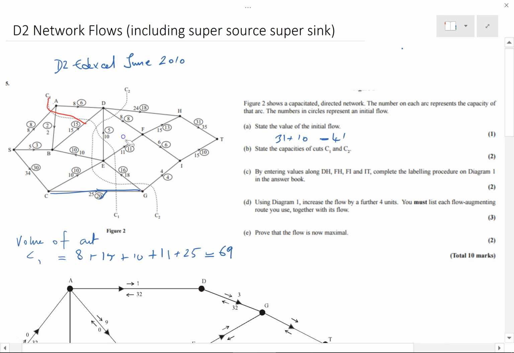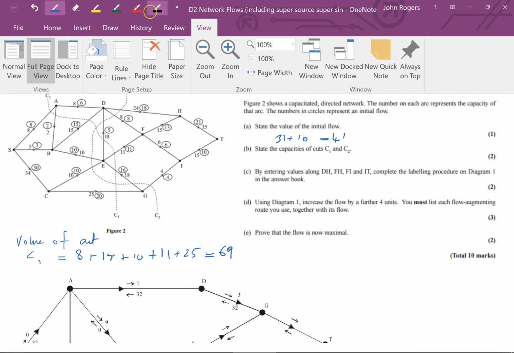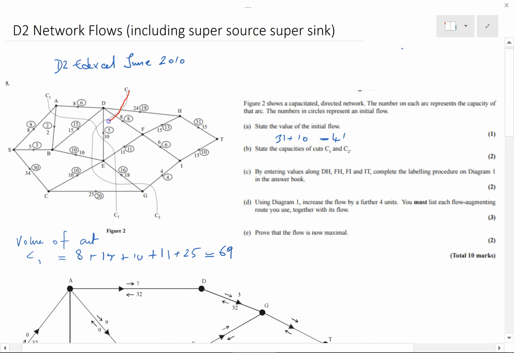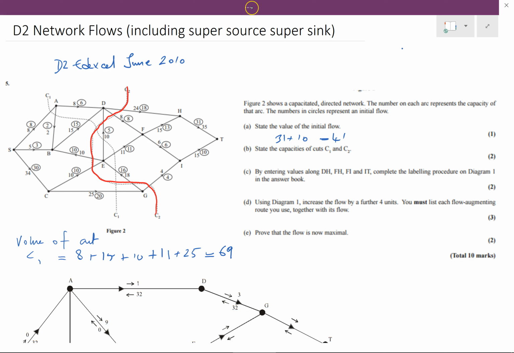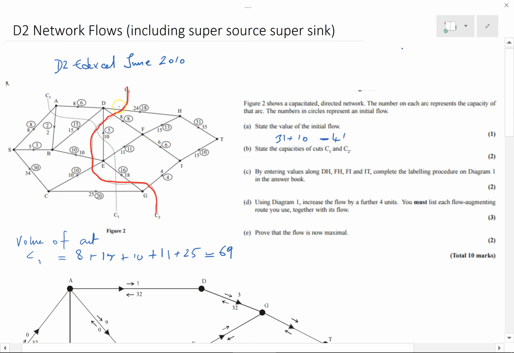Okay, so let's get rid of that annotation and look at the other cut. If you have more than one cut on your diagram, do take care, because it's easy to go wrong and start counting numbers that don't contribute. You can see my cut that I'm dealing with now. Let's mark on the numbers that contribute to the cut. Well, this one definitely does. So that's C2, that's 24.